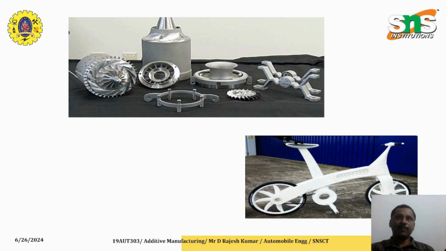But in additive manufacturing, it is entirely different. It is built layer by layer. So here the material wastage is reduced, and the processing time is also reduced. The main specialty is in medical applications, where custom products can be made. Whereas in conventional manufacturing, there is no such process or technique used for custom products.